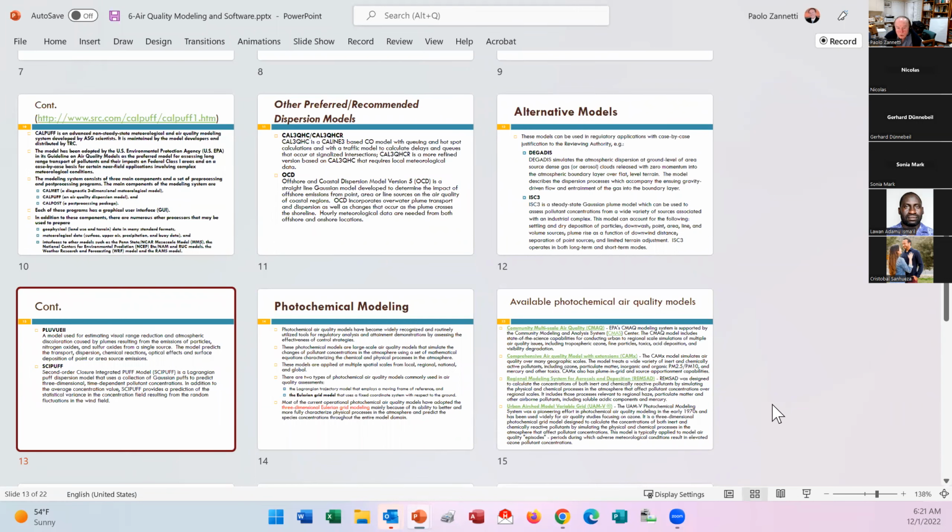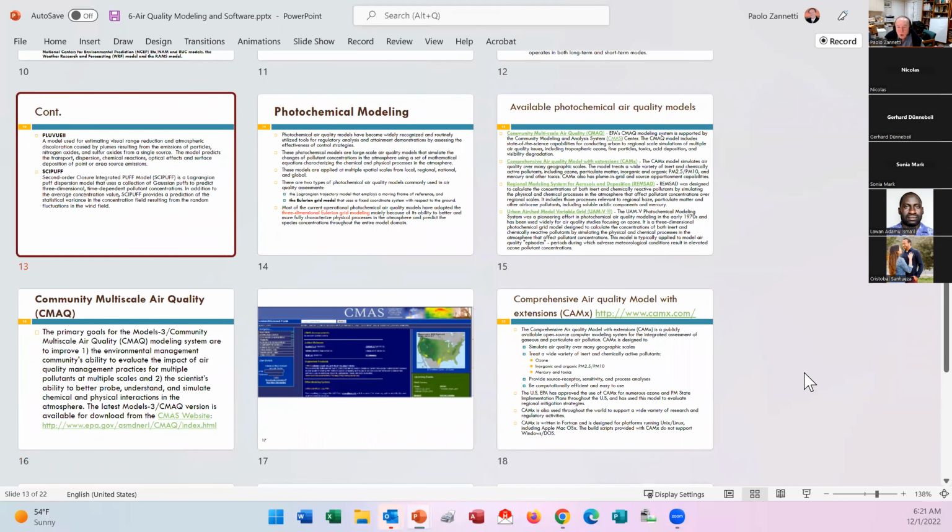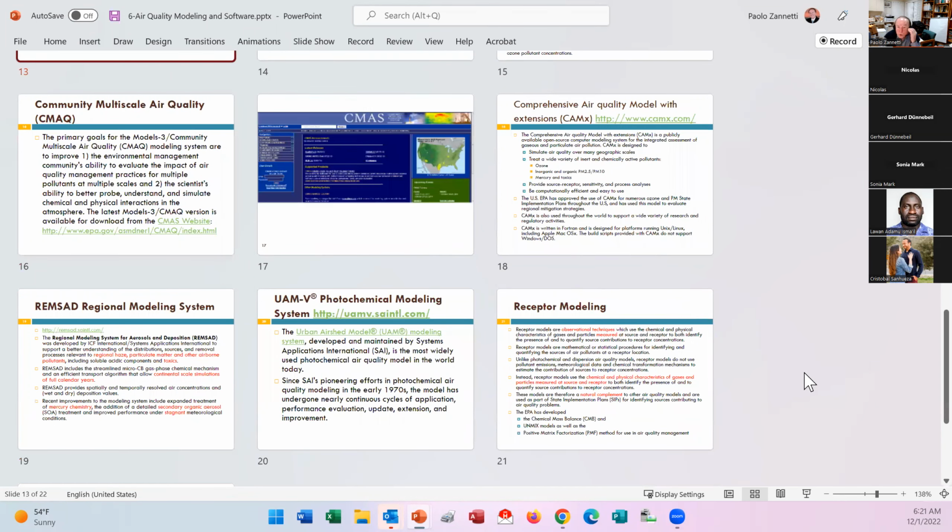Photochemical modeling, we discussed them yesterday. Nothing new. We talked also about the most comprehensive model, which is the CMAQ model developed by the EPA, still under evolution. But again, my recommendation, I repeat, is CAMx.